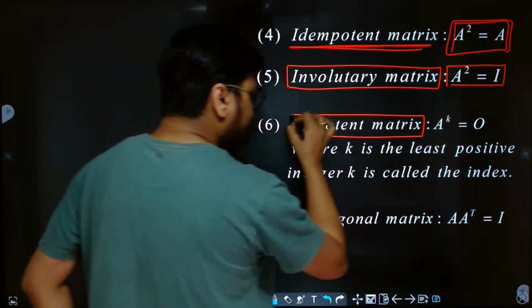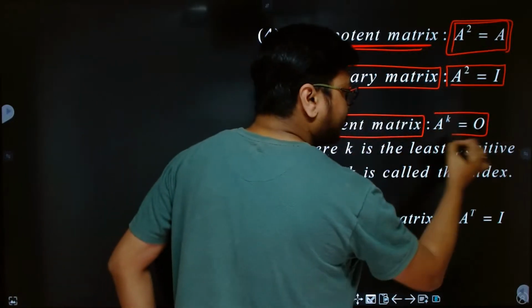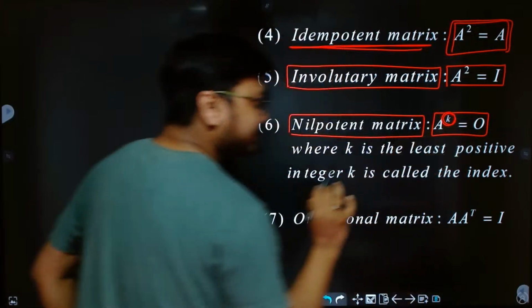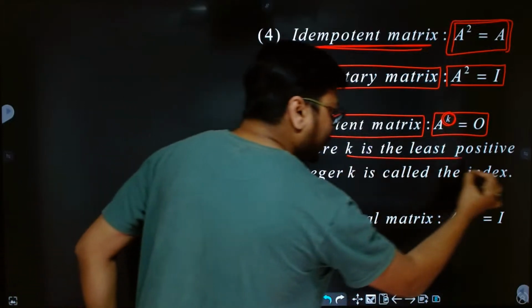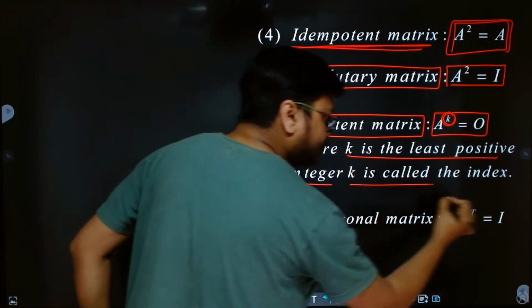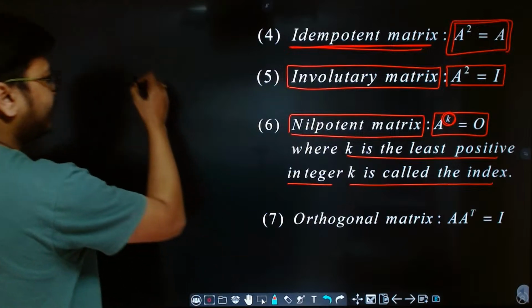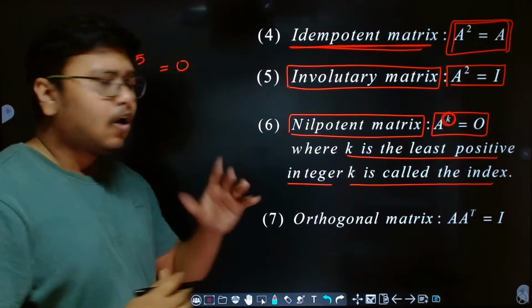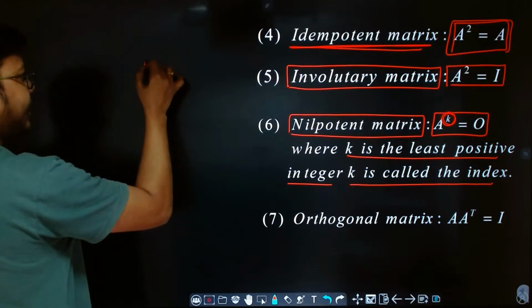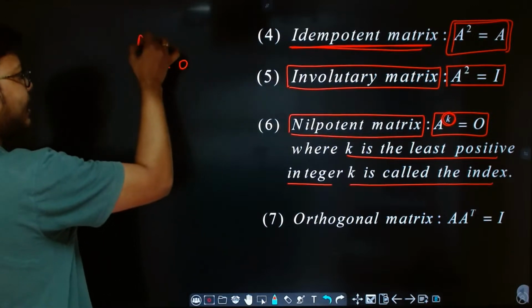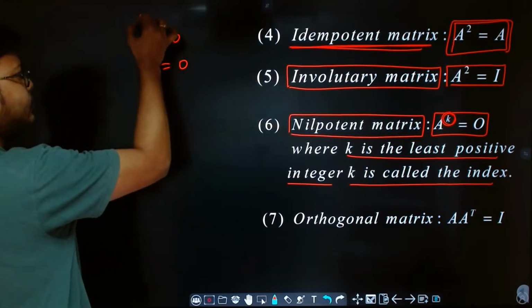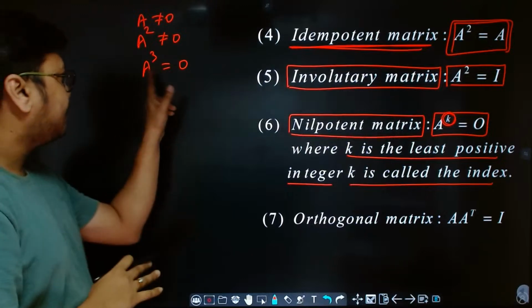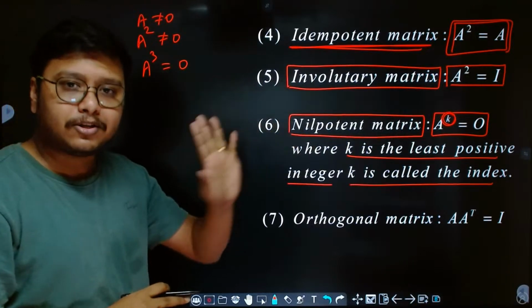Nilpotent matrix: if A to the power k is 0, where k is the least positive integer, then k is called the index. For example, take a cube equals 0, where A square is non-zero and A is also non-zero. For the first time it becomes 0 when the power is 3.